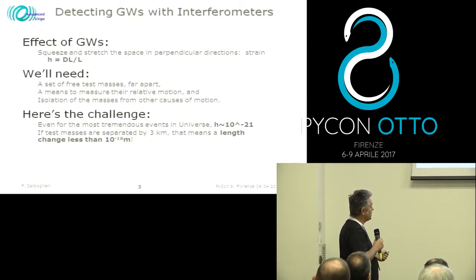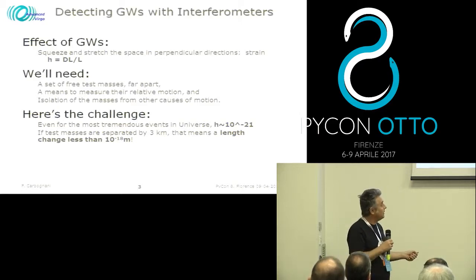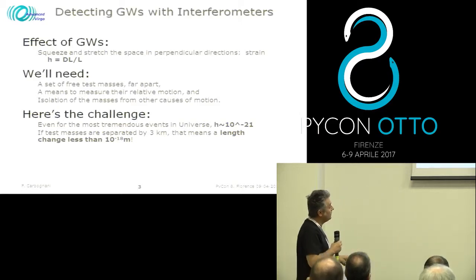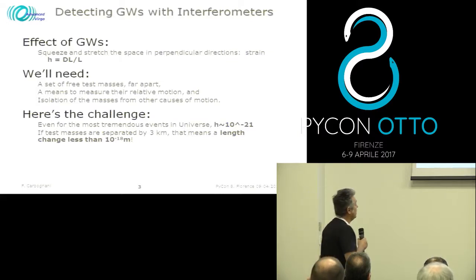We want free-falling masses completely isolated from any other cause of motion. Even the most tremendous event in the universe, the one that we detected, causes a strain of the order of magnitude 10 to the minus 21.